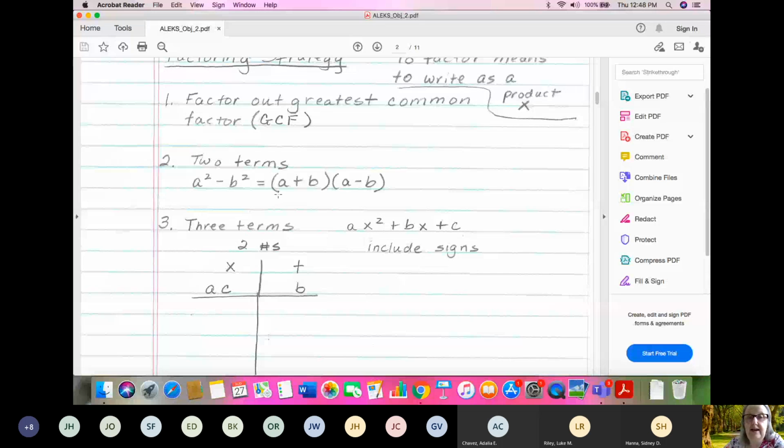F for first: a times a is a squared. Check. Then the outer 2, we've got a negative sign, so it's really negative a times b. The inner 2 is really plus b a, but we can switch the order of multiplication because it's commutative.